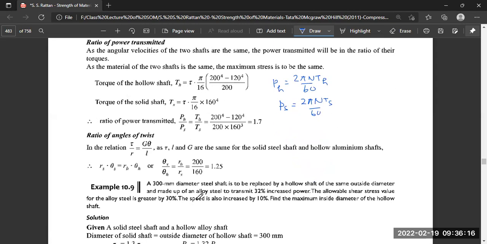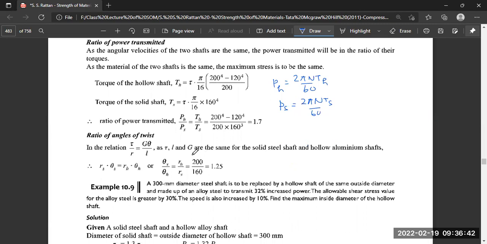The angle of twist. The ratio of the angle of twist is in the relation tau by R is equal to G theta by L. This is available from the torsional equation, where tau is the shear stress, L is the length, and G is the modulus of rigidity.